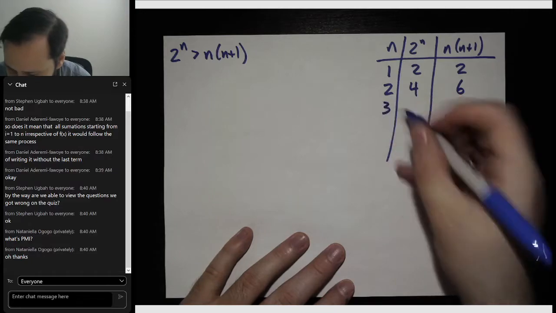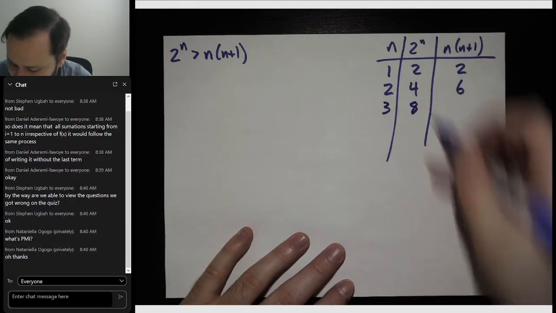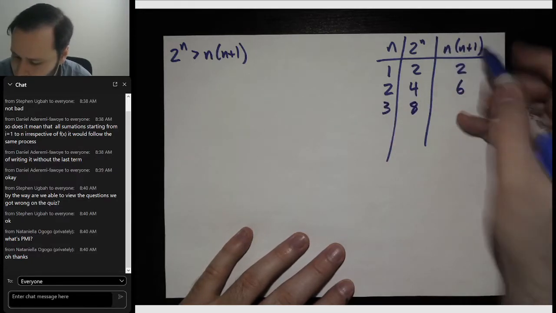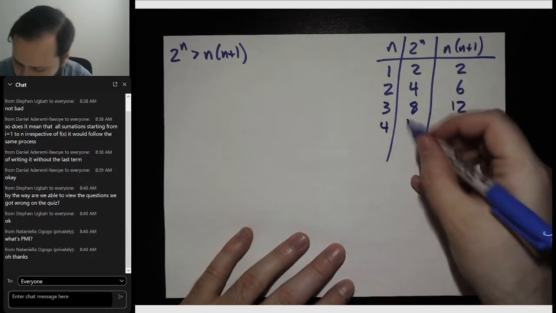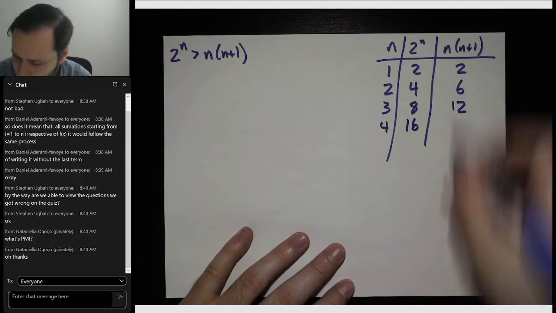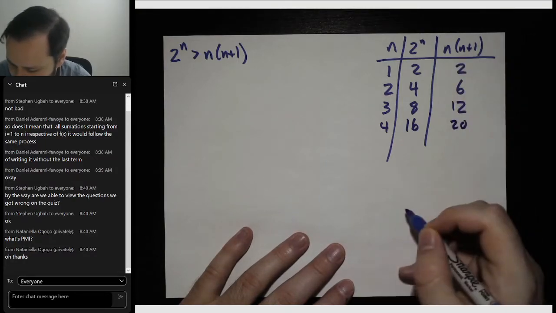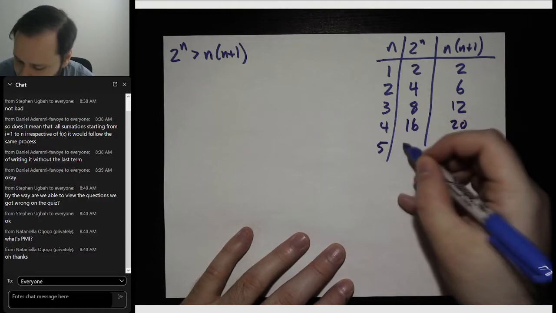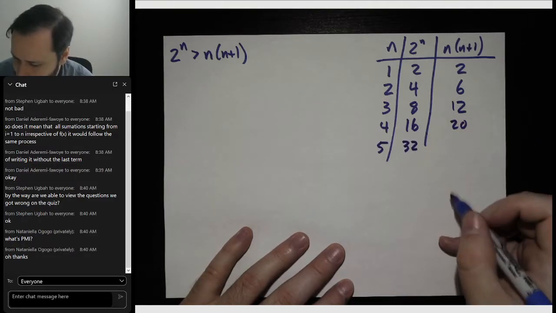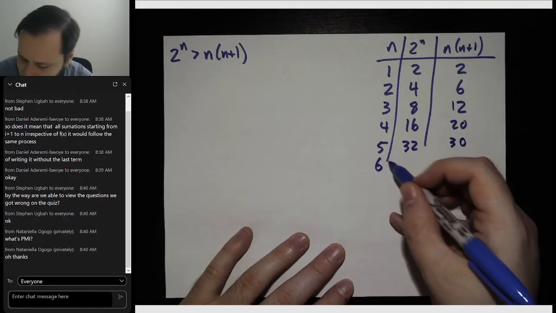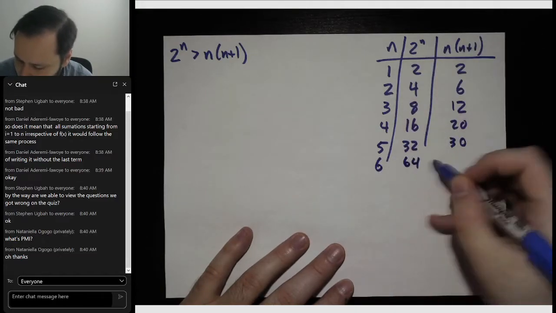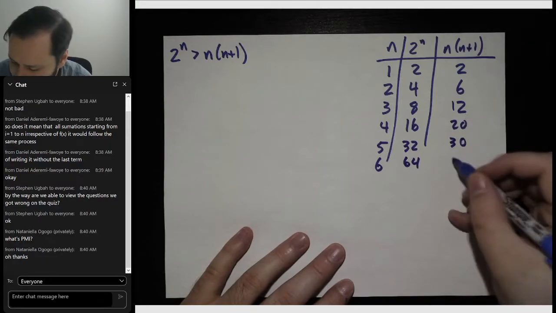You can keep going. 2 cubed is 8. 3 times 4 is 12. 2 to the 4 is 16. 4 times 5 is 20. 2 to the 5 is 32. 5 times 6 is 30. 2 to the 6 is 64. 6 times 7 is 42.